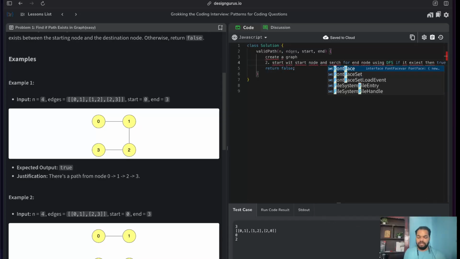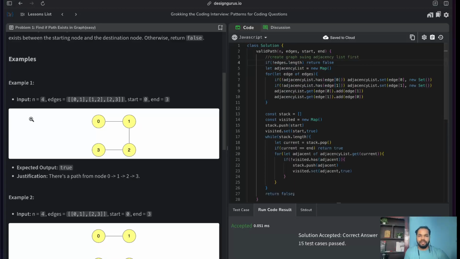So give me time, I'll just do it. So here we have the solution. What we did exactly: we created an adjacency list in these lines. If the edges are not present, that means there cannot be any path, so return false, definitely. And then we created the adjacency list as a map.